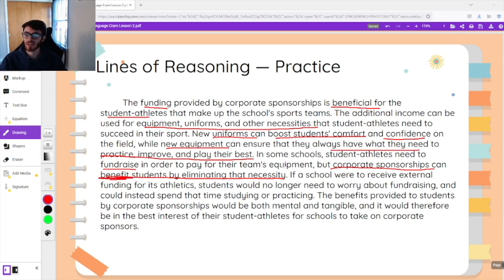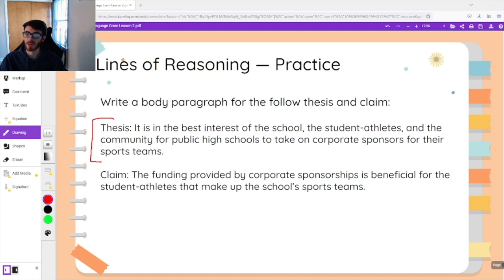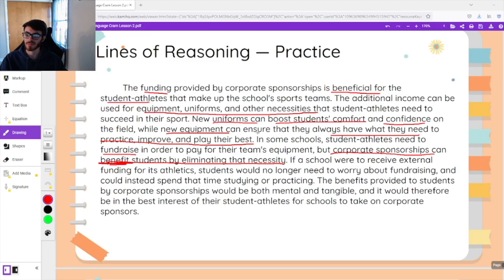The rest of my commentary just needs to explain why that's the case or explain how that supports the claim. And then in my last sentence, I provide that final piece of commentary that connects my claim back to my thesis, right? My thesis is that it is in the best interest of the school, the student athletes, and the community for public high schools to take on corporate sponsors for their sports teams.